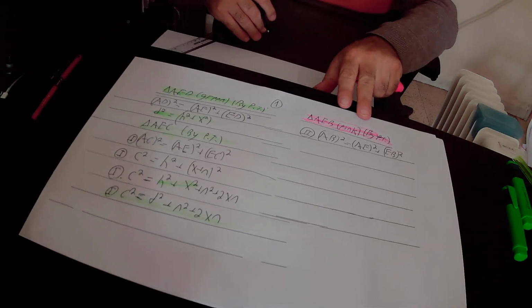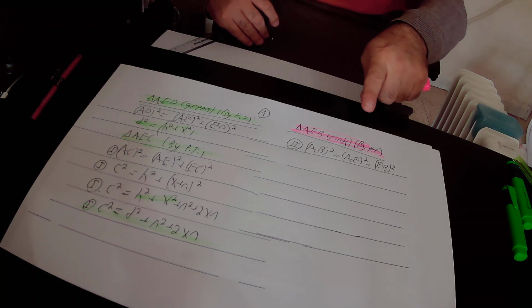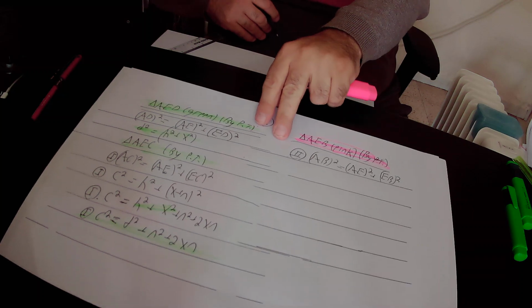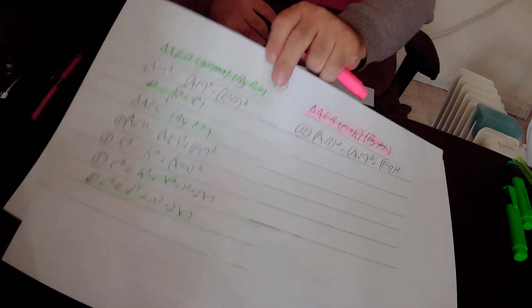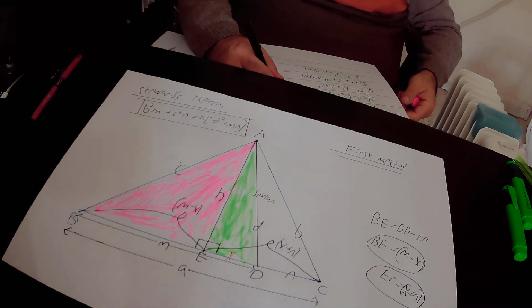I'll repeat again. In the pink right triangle, AB square equals AE square plus EB square. This is equation number 2.